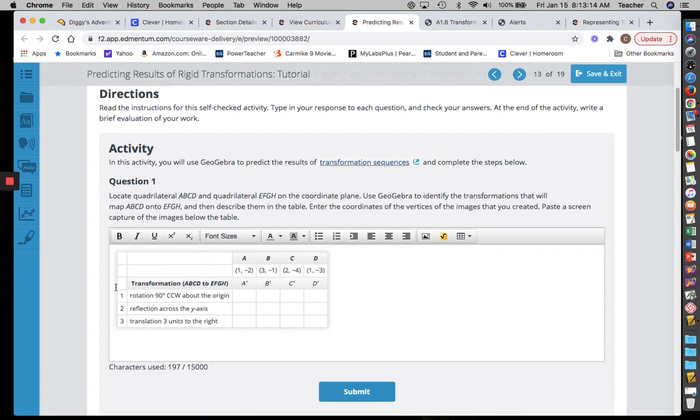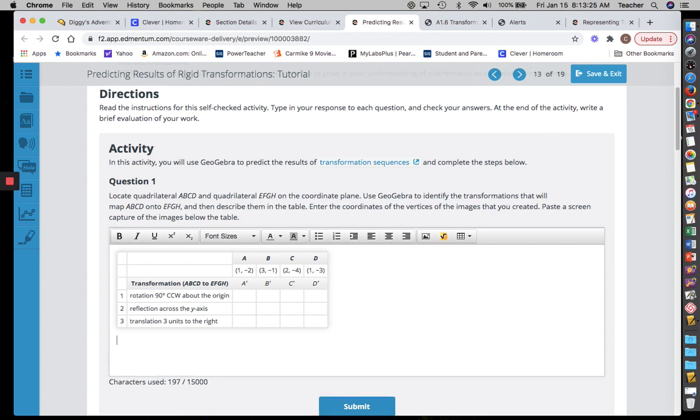All right, so it says a rotation of 90 degrees counterclockwise about the origin. Well, if you are a visual person, I'm going to show it to you. But don't forget there are actual formulas for the 90 degree rotation counterclockwise, so I'm going to put it both ways, you guys.